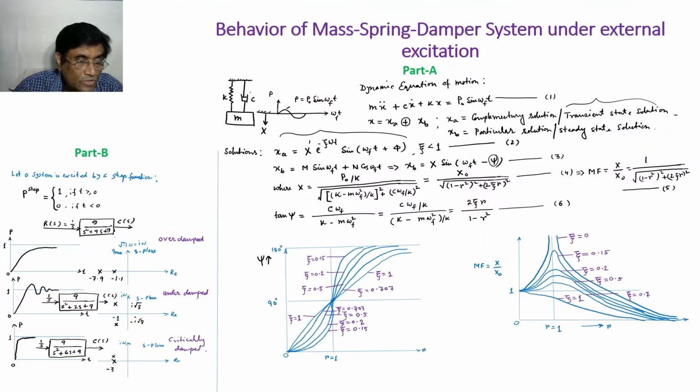Suppose this is the characteristic equation, s square plus 9s plus 9 equal to 0, and the roots are minus 9 plus or minus the square root of 81 minus 36, divided by 2.